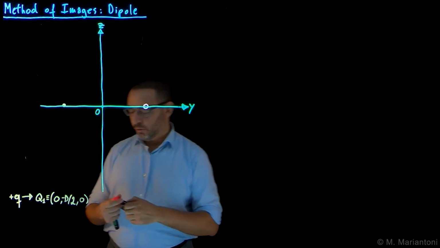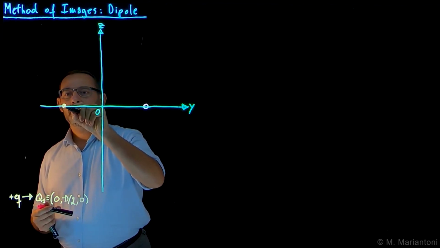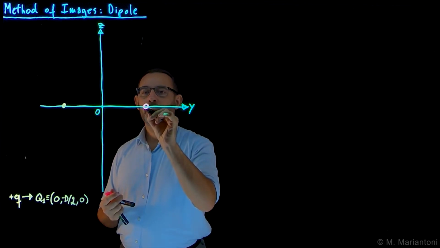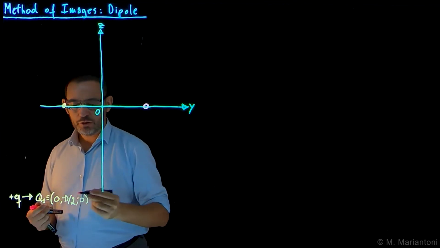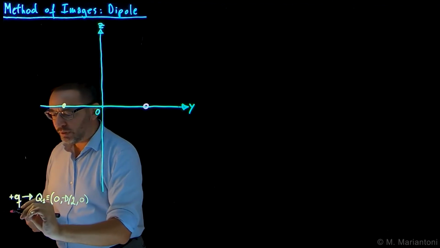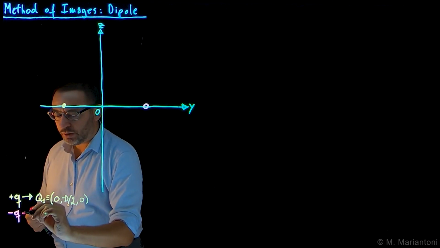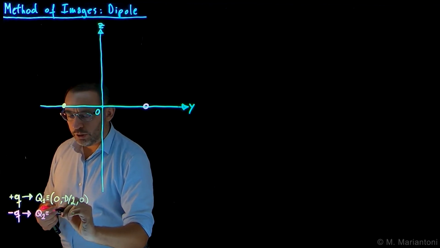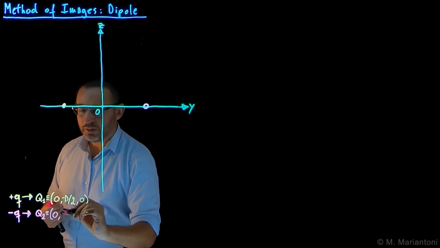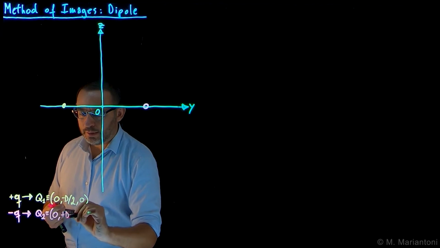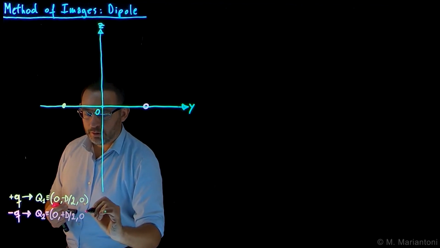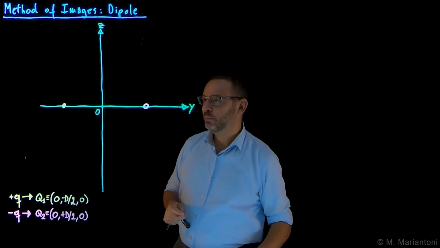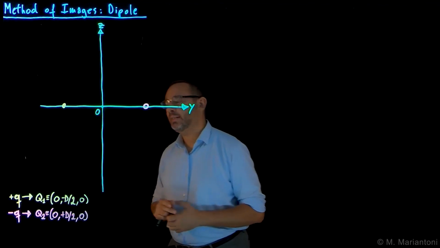So this is the positive charge plus q. What about the negative charge minus q here? Well, let's hypothesize that it is at a point capital Q2, which by definition is going to be 0, this time plus D half, 0. It's on the right-hand side with respect to the origin on this y-axis. Okay, so this is the configuration we are looking at.